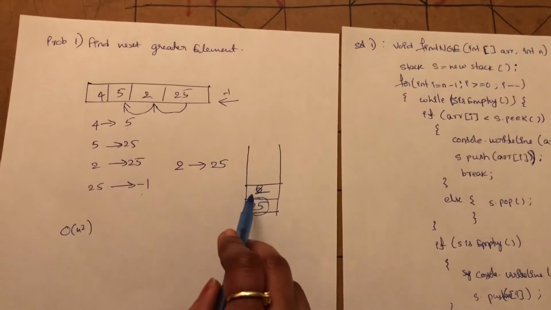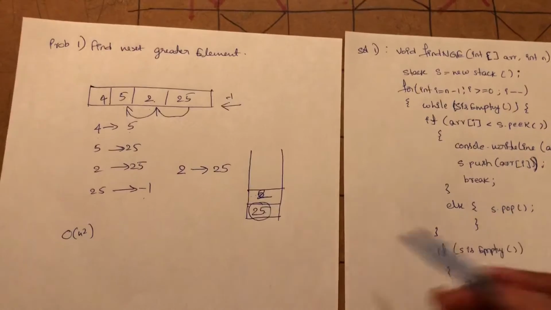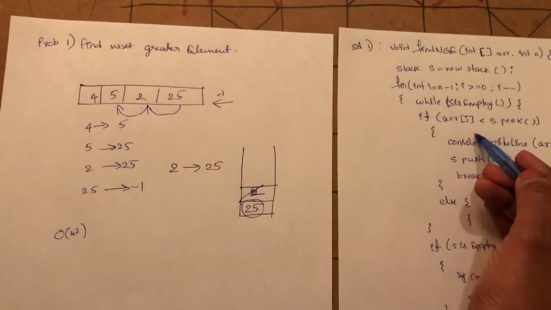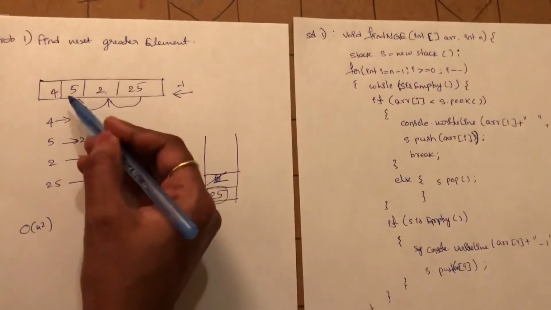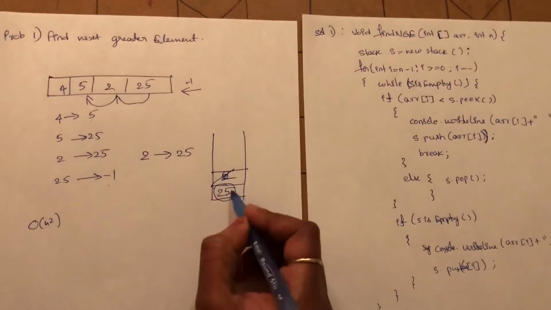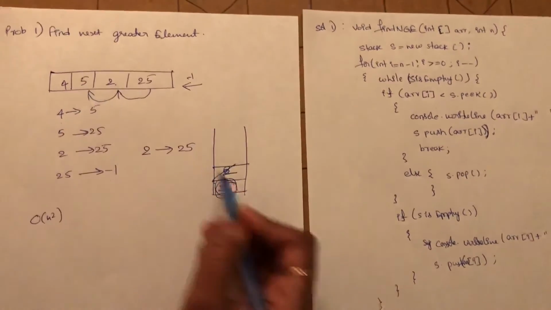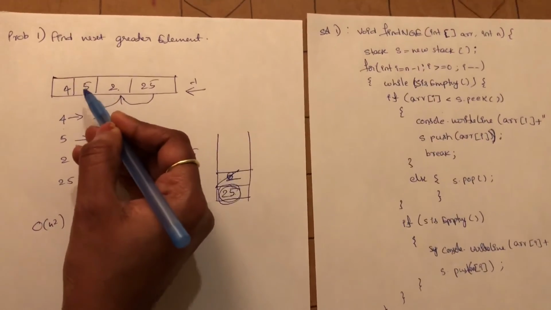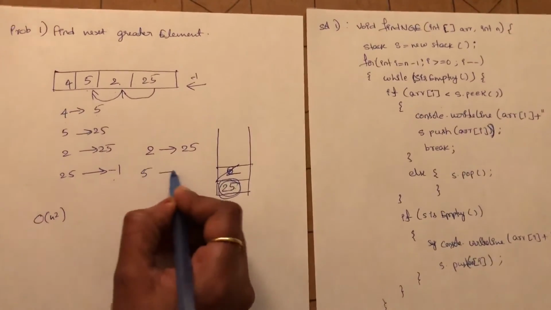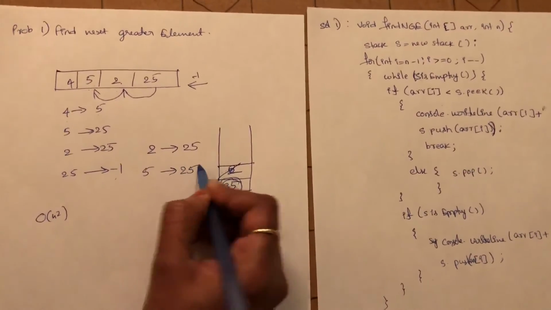No, the condition is false, so it pops that element. Now it comes to the loop again, and array of i will again be compared with stack dot peek, which is now 25. Is 5 less than 25? Yes. So for 5 also, the immediate next greater element is 25.